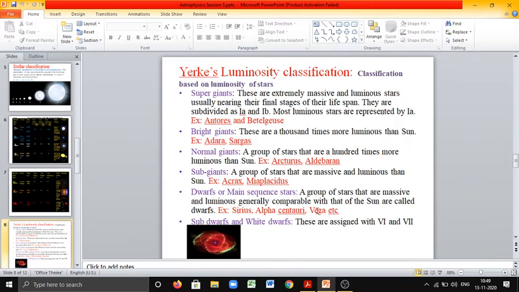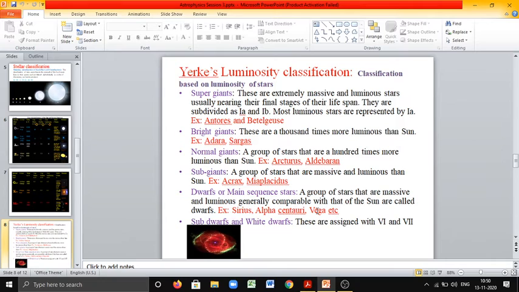Bright giants, these are 1,000 times more luminous than Sun. Example Adara, Sargas. Normal giants, a group of stars that are 100 times more luminous than Sun. Example for normal giants is Arcturus, Aldebaran. Subgiants, a group of stars that are massive and luminous than Sun. Example Acrux. Dwarfs are main sequence stars.